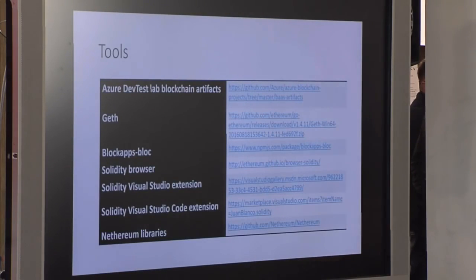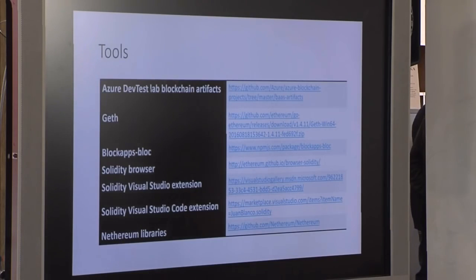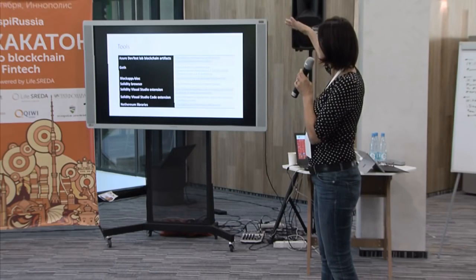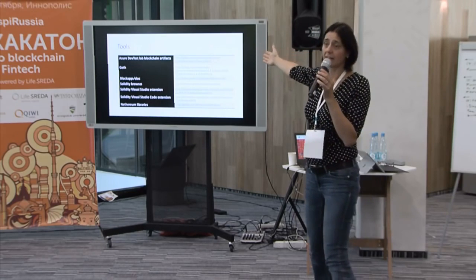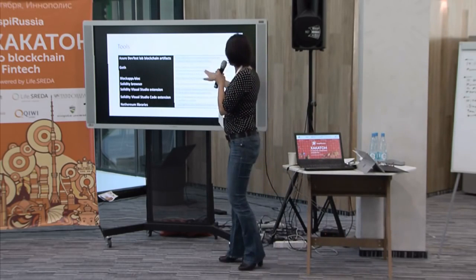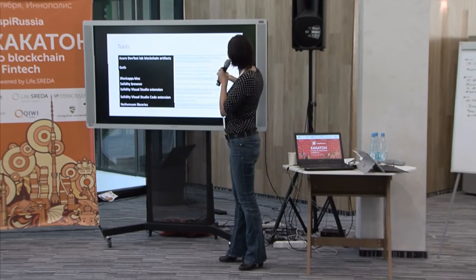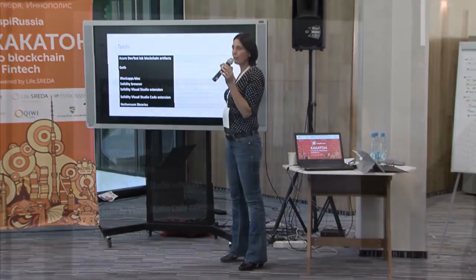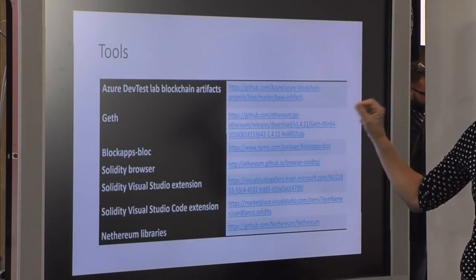This is just a reference to some links where you can find the different tools: the Solidity browser, the libraries, and Geth, which is basically the client tool for Ethereum. So this is what you need also. This specific link points to the Geth library for your Windows machine.